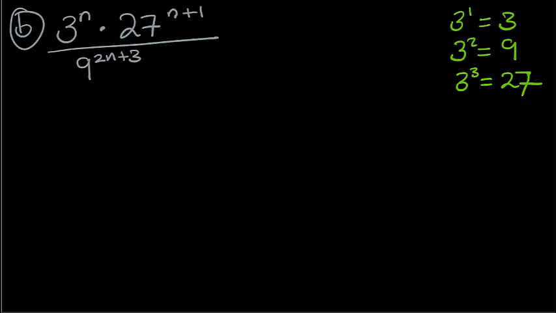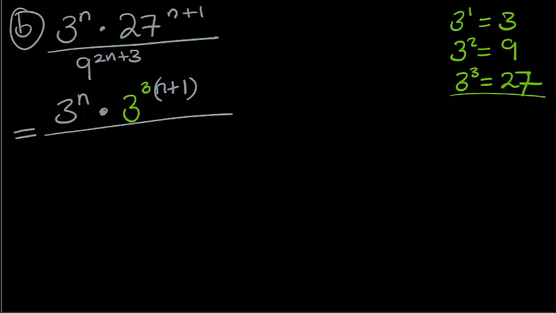So let's change that. I'm keeping 3 to the power of n. I don't need to change that. My 27 is going to become 3 to the power of 3, and then I keep my exponent n plus 1. I'm multiplying that.